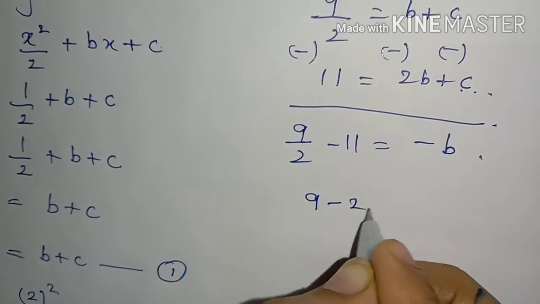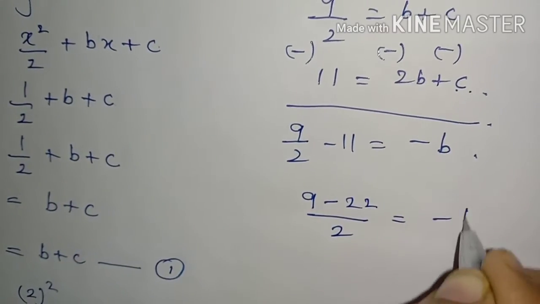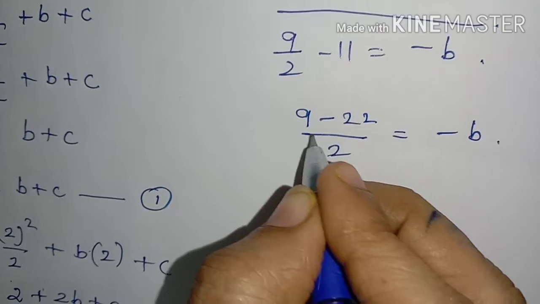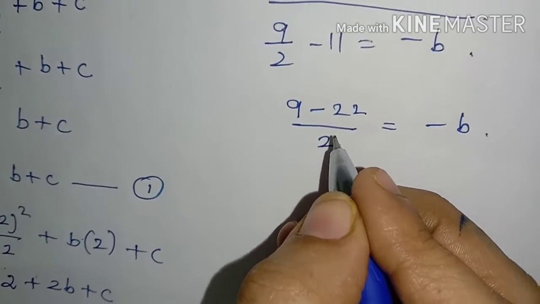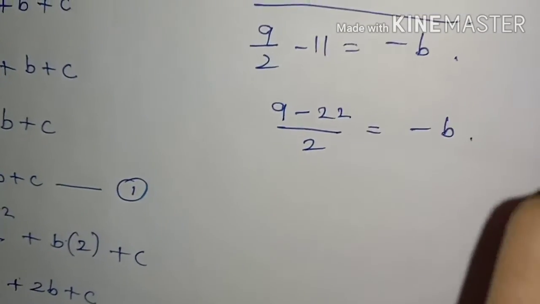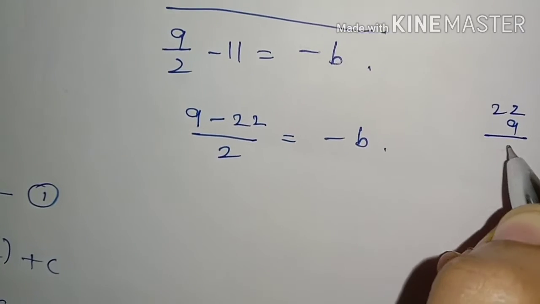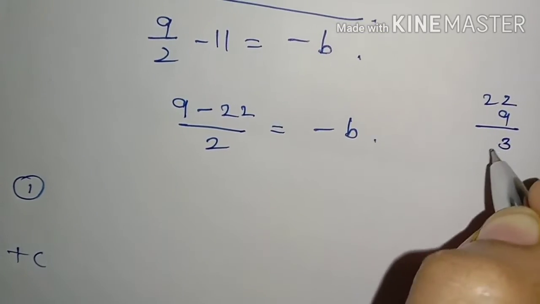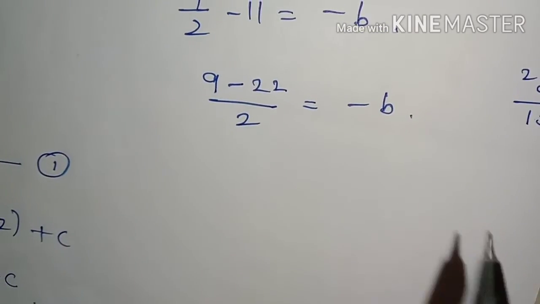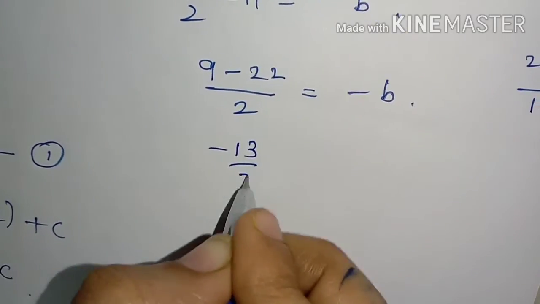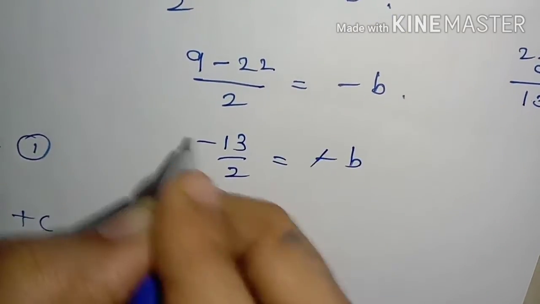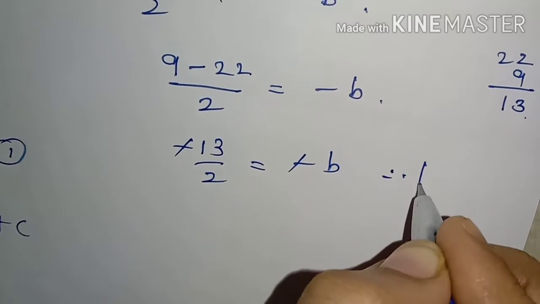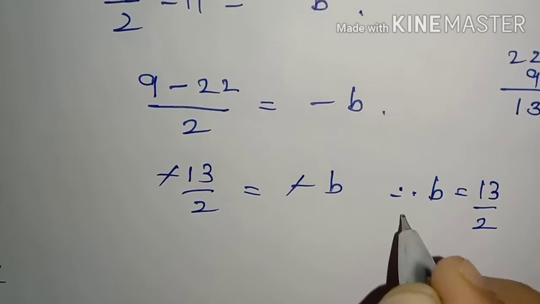So 9 minus 22 by 2 is equal to minus b. What is 9 minus 22? It is minus 13, so minus 13 by 2 is equal to minus b. The minus gets cancelled, and you have b is equal to 13 by 2.